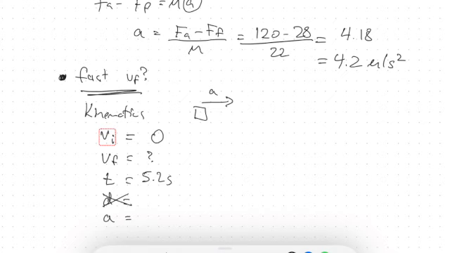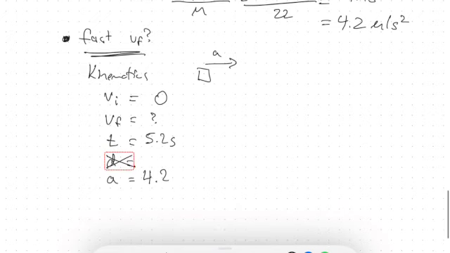We don't know and don't care about the distance. And the acceleration is 4.2. I'm actually looking up kinematics formulas, and I find the one that has no distance.